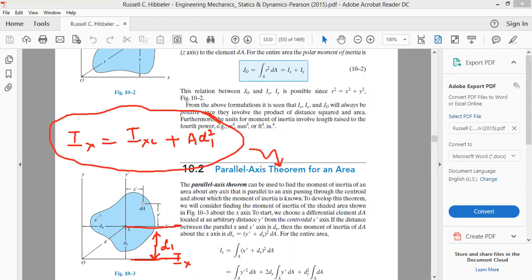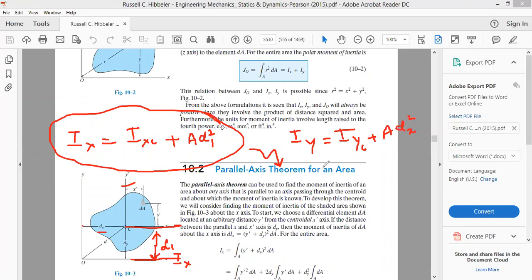In the same way, look into this diagram. The distance between the two y-axes is given as dx. Therefore, we can write the moment of inertia about the y-axis is equal to the moment of inertia about the centroidal y-axis, that is Iy_c or Iy', plus the total area of the plane, that is A, times the square of the distance between these two, that is dx square.